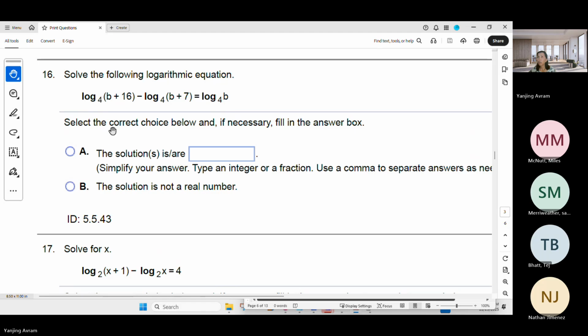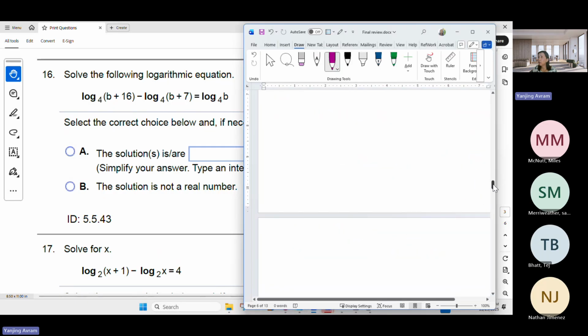Okay, solve this log. That means we need to find a solution for b, right? It looks like b is the only unknown in here. If both sides have a log, as long as I combine it into one log, I can get rid of the log. But this side has two logs, so I will need to combine them using the quotient rule.